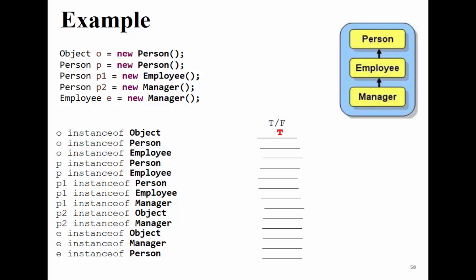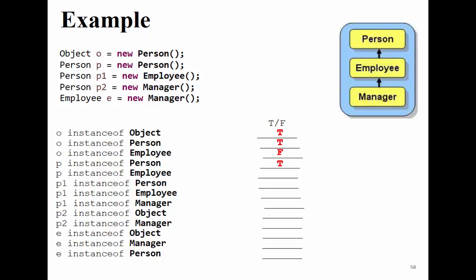O instanceof Person, true. The actual type is Person. O instanceof Employee? False, because its actual type is a Person, and we cannot go down, so we have false. Now, P instanceof Person, true.